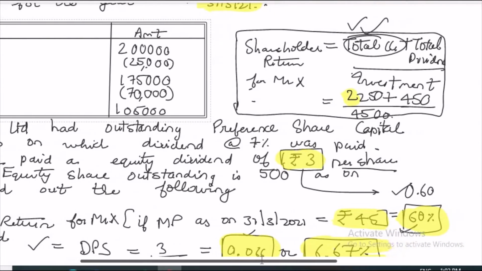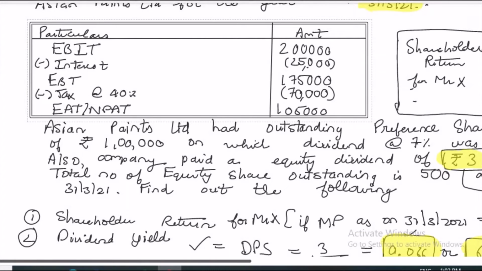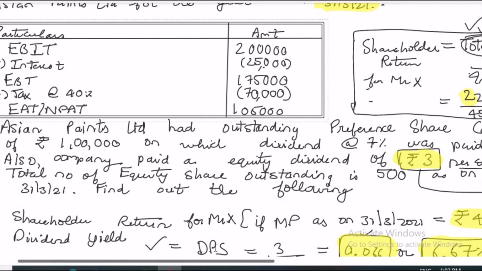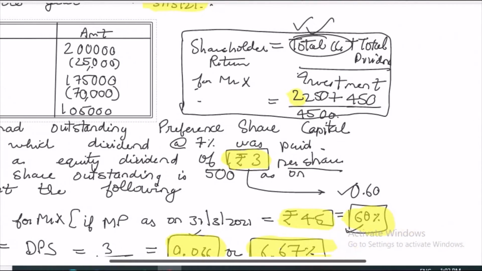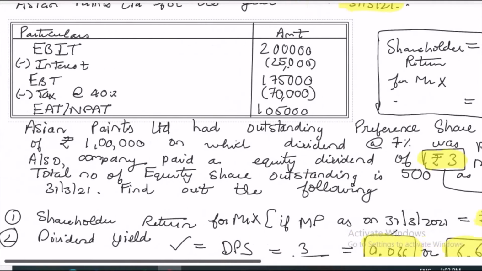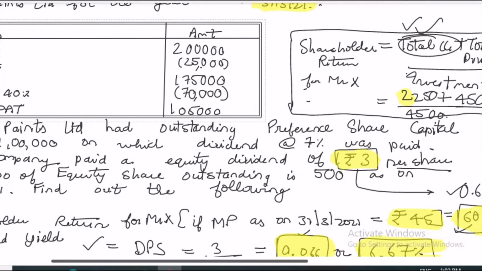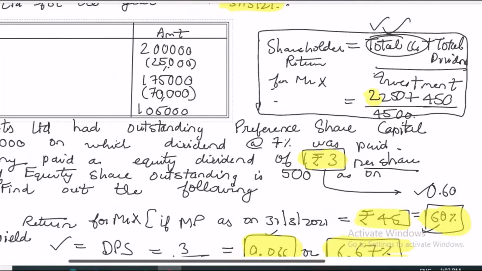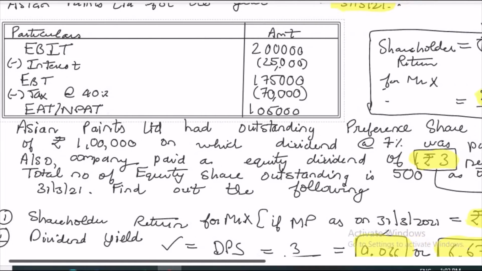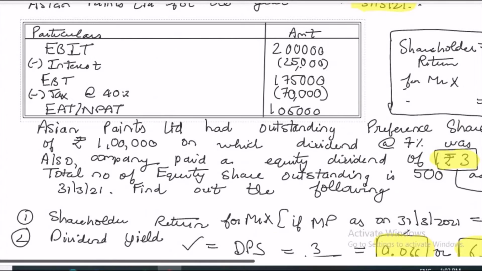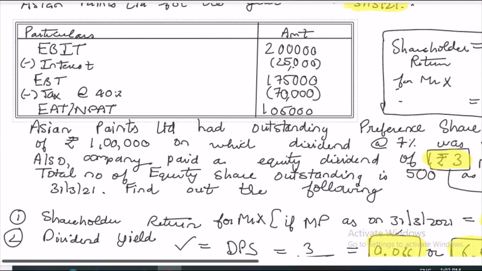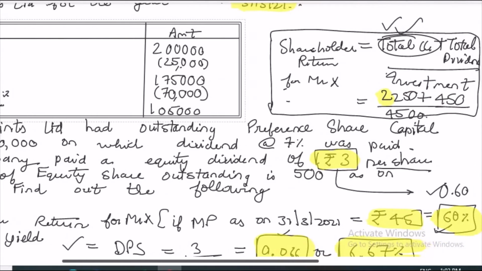Second, Asian Paints Limited has outstanding preference share capital of 1 lakh, on which dividend at 7 percent was paid. Also, the company paid an equity dividend of rupees 3 per share. Total number of equity shares outstanding is 500 as on 31st March 2021. Find out the following.